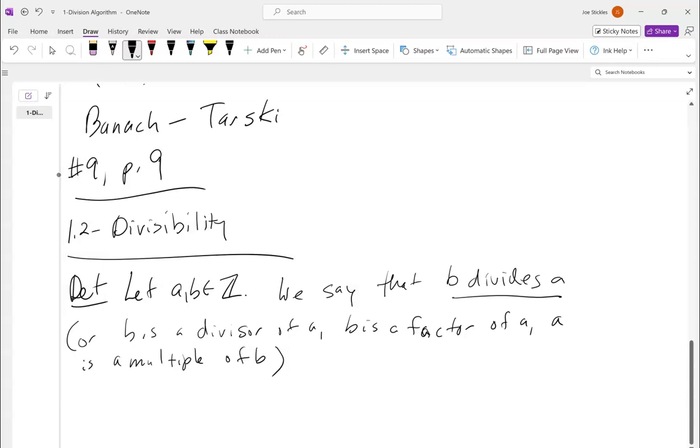B divides A, B is a divisor of A, B is a factor of A, A is a multiple of B. Those literally all mean the exact same thing. If, all right, what does it mean for B to divide A? Well, we're thinking about things being in the integers in general.